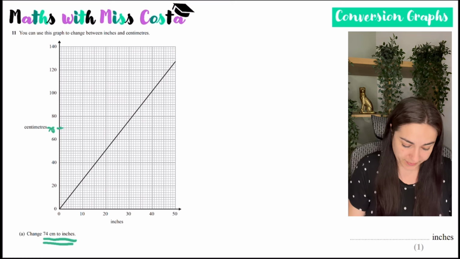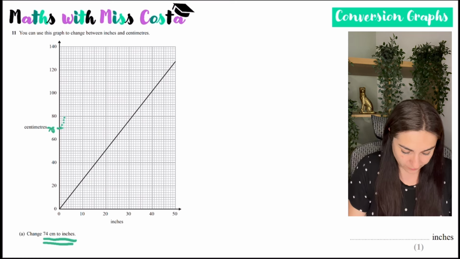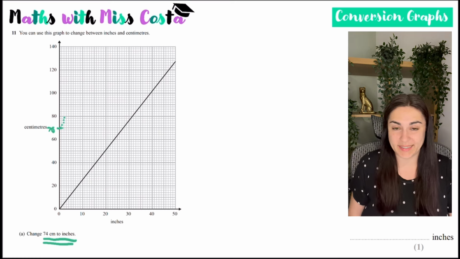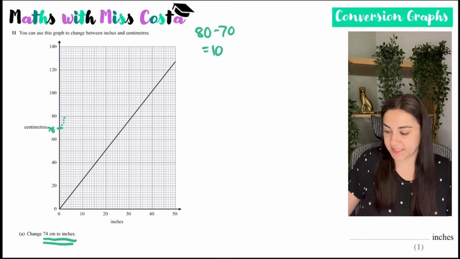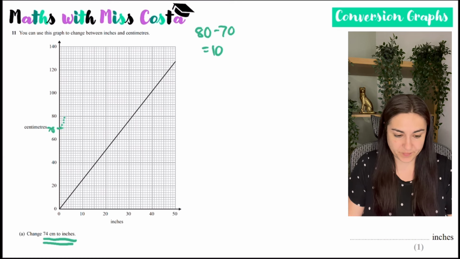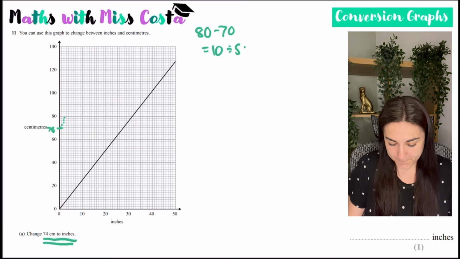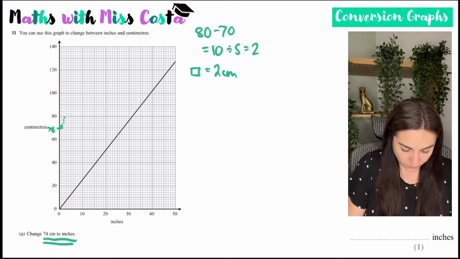And then I know that there are 1, 2, 3, 4, 5 little squares in between 70 and 80. So between 80 and 70, that's a difference of 10 centimeters. So I do 10 divided by 5, which is 2. So each little square represents 2 centimeters.